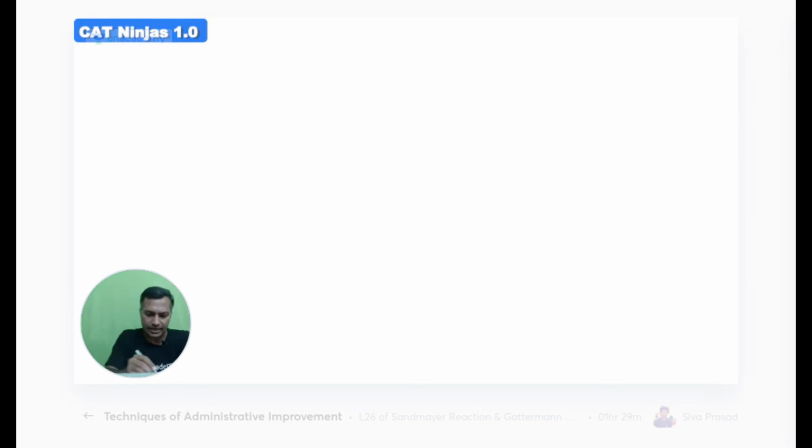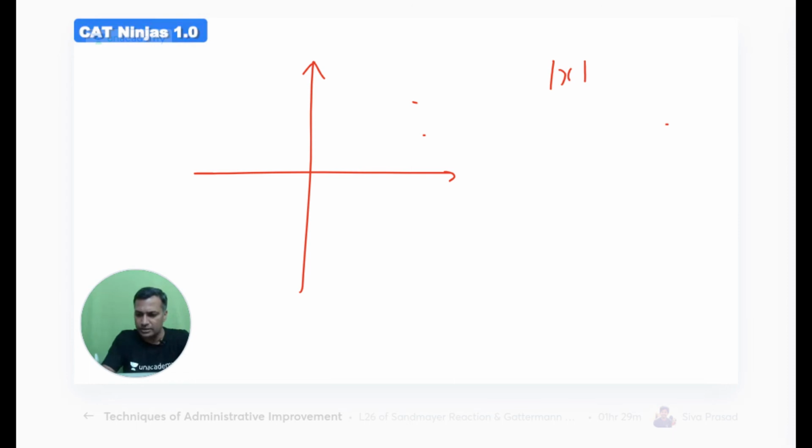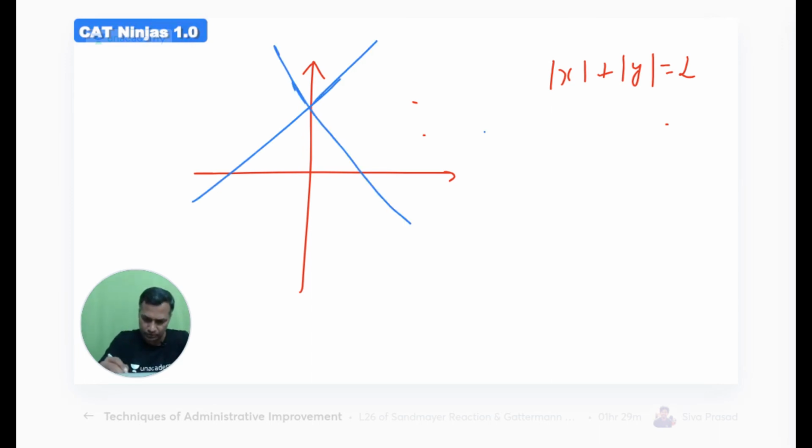In the previous diagram we figured out, when it was a plus, listen to this carefully, mod x plus mod y is equal to 2. We said these are the 4 graphs, intersecting like this. It was going like this, and there was a line here and a line here.